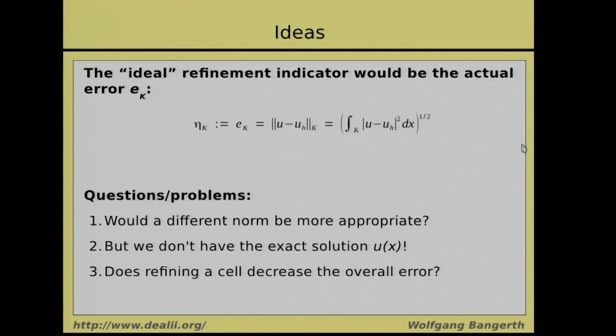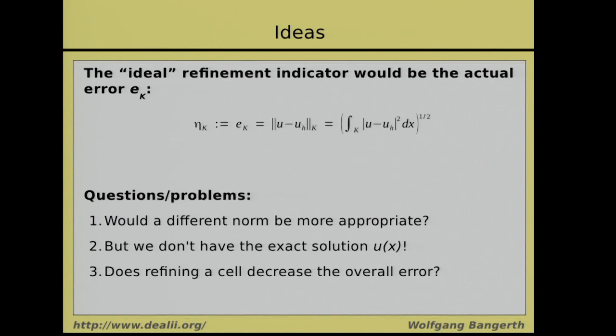So there's, of course, a number of questions that I can ask. One would be, why do you want to do the L2 norm? Why is the L2 norm the appropriate norm to measure the error in? There are many other norms. Maybe I don't care about the L2 norm. Maybe I want to use the H1 norm or the L infinity norm.